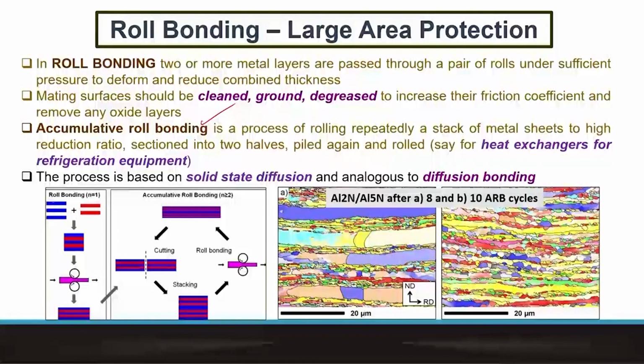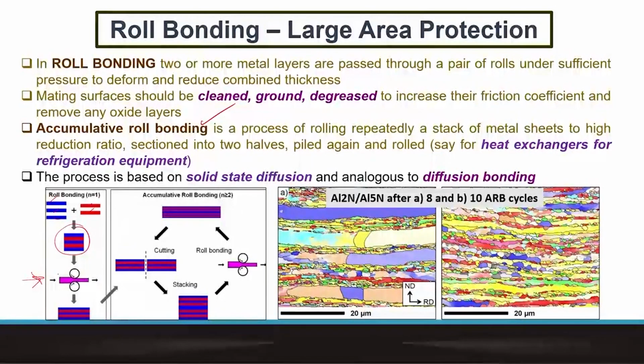So let's say these are the protective layers, and these are the two sheets that you want to protect. You first place one upon the other and create a pack like this, and then you subject this sandwich of A, B, A, B, A, B layers to pass through a roll.